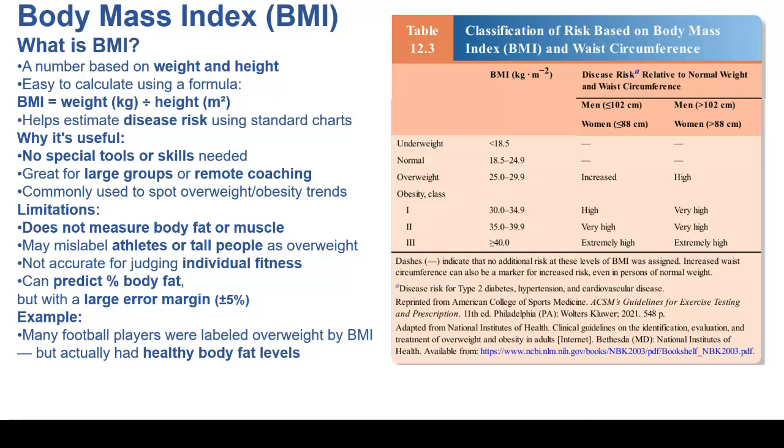Another disadvantage: it can estimate your body fat percentage, but it's not very accurate. For example, many of you in Highlands who are athletes, like football players, would be called overweight, but their body mass index doesn't fit because you have a lot of muscle mass.